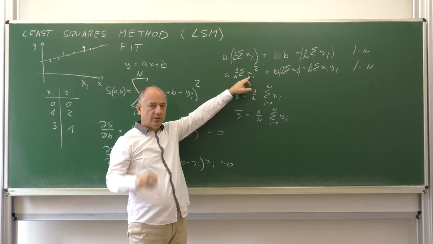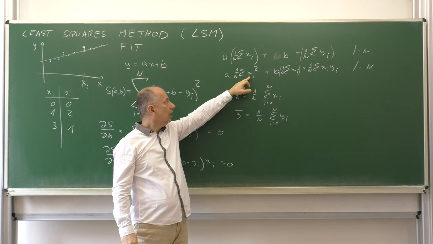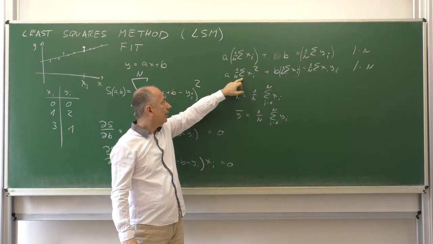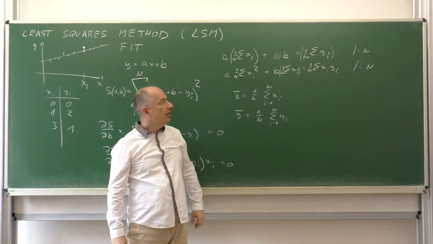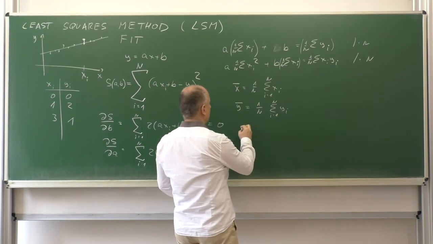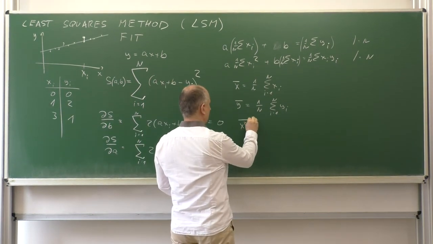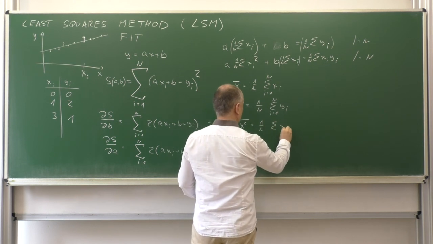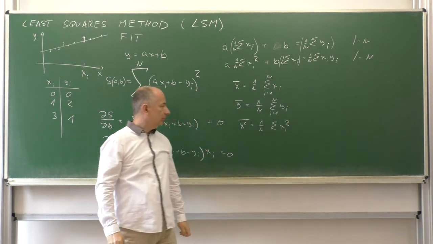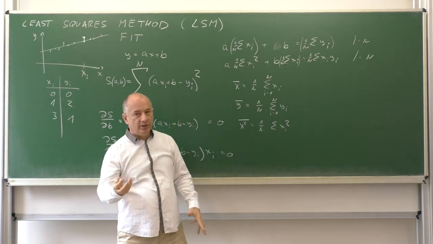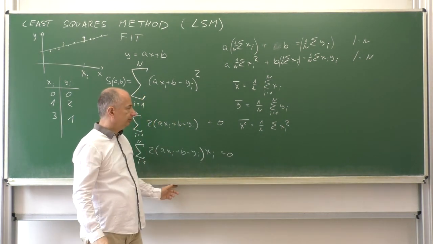We take the numbers x1, x2, x3, we compute the second power, the square of them, and then we add and divide. So this is an average of the squares of the values. Let's call it x squared bar. First we compute the second power, and then we average these squares.